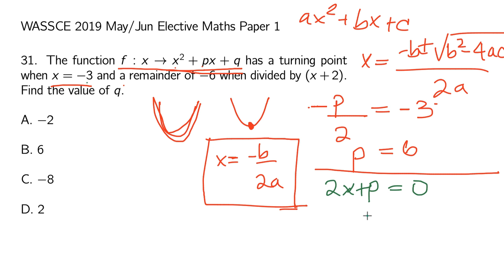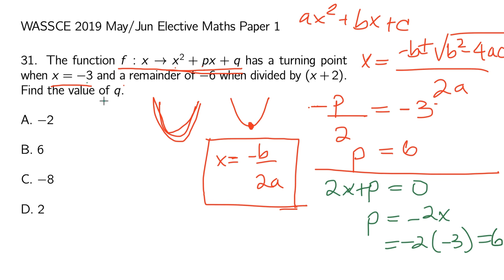And when that happens, what is p? p is equal to minus 2x. But we've been told that x is minus 3. So this is equal to minus 2 times minus 3, which is 6. So we found that p is equal to 6 in two different ways. And that should give us a lot of assurance that we are doing the right thing.